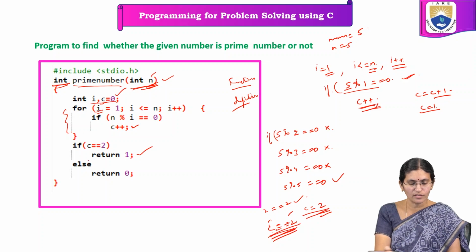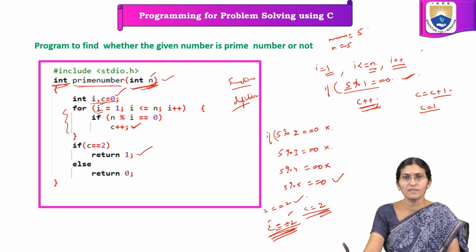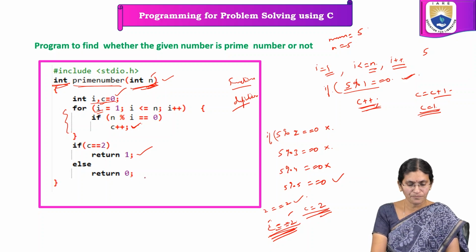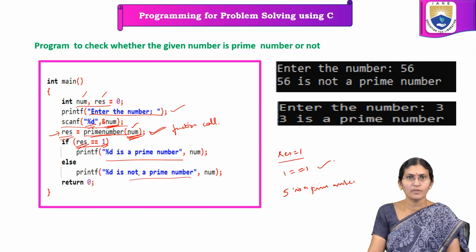Inside this function, we have written the logic to increase the value of the count if the number is divisible by 1, 2, 3 and so on up to 5. Then if the count value is equal to 2, the given number is a prime number. If the count value is more than 2, it will return a value 0, and then we can say that number is not a prime number.